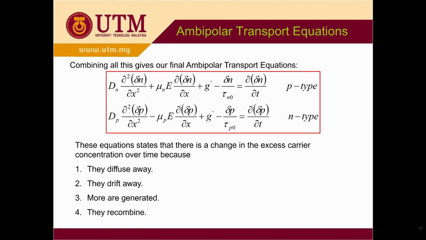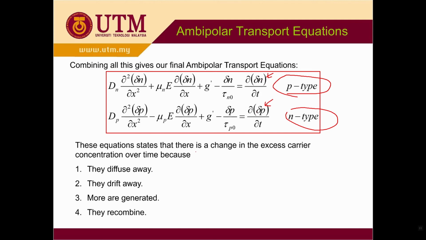We get this. And for a p-type semiconductor, you have to note that what we use here is delta n. And for n-type, we use delta p. What is delta n? Excess electron. What is delta p? Excess hole.